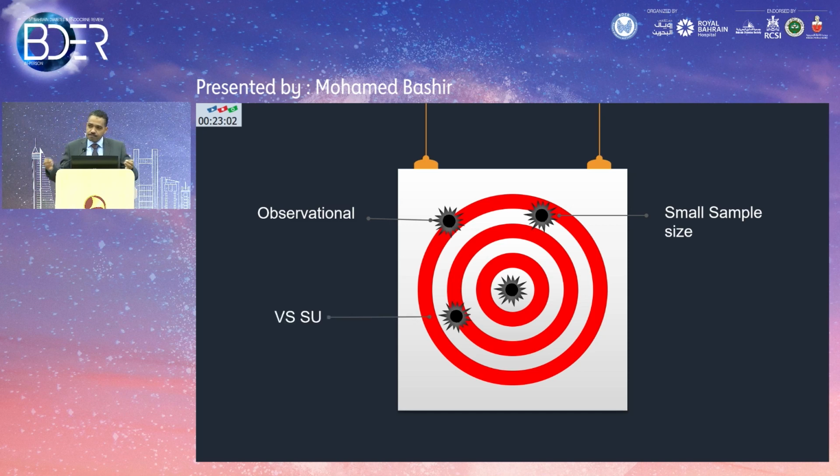And then we have many studies that are comparing agents versus sulfonylureas, asking whether they are good in terms of hypoglycemia. And we learned more from these studies, not particularly versus sulfonylurea, but about the agent per se. And we don't have a method to correct for all the variables I'll tell you about.